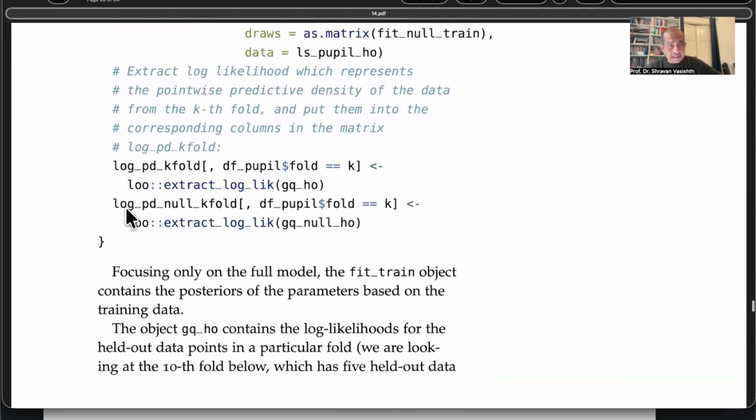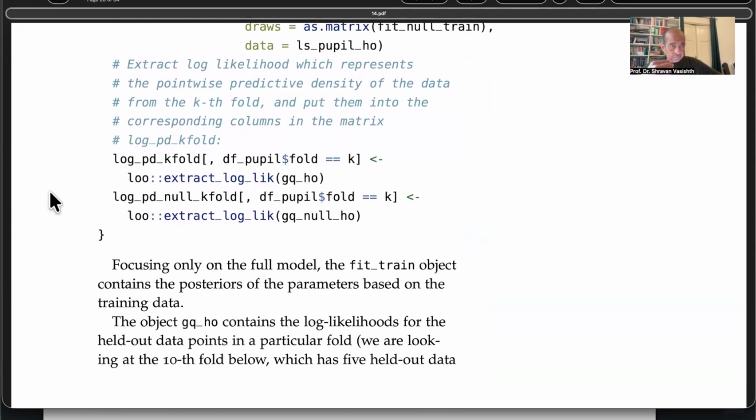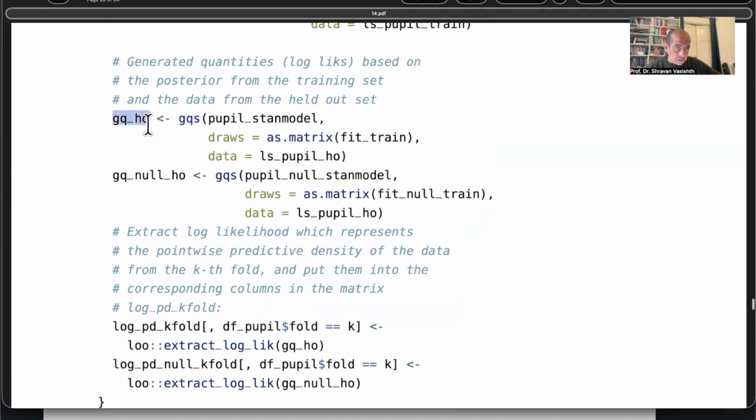Okay. And then what we're going to do is extract those log likelihoods for the held out data from the kth fold. K is equal to 1. So for k equal to 1, for fold equal to 1, we are extracting the log likelihoods from this object here, which was generated from the GQs function.